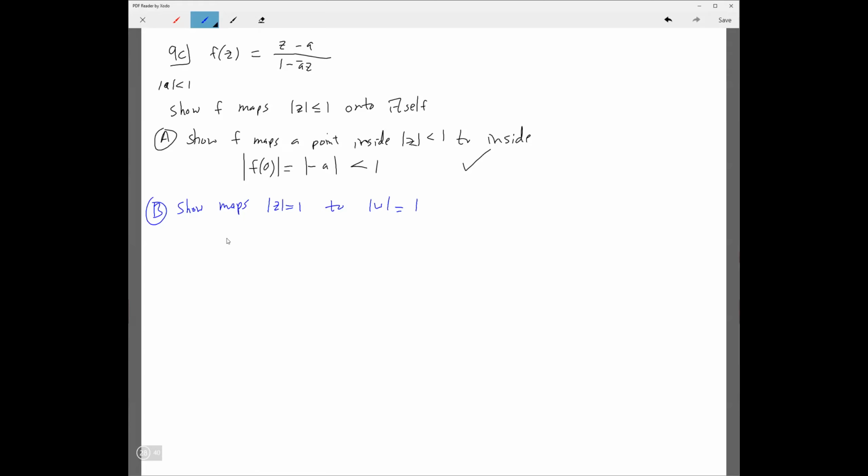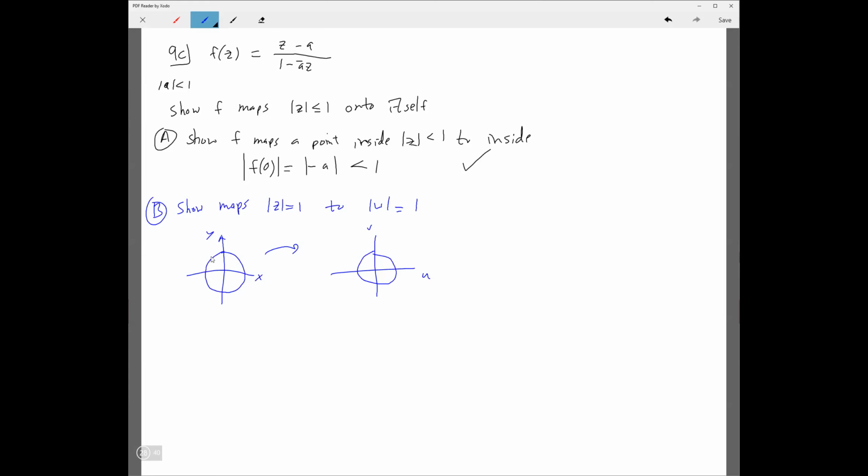Now, to show this, you don't actually have to show it for every single point. This set right here is just the unit circle, right? This is the XY plane, this is the UV plane, and this is the variable W. You want to show that this circle maps to that circle.